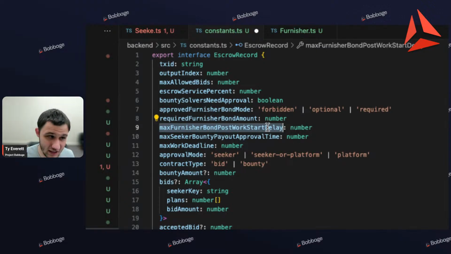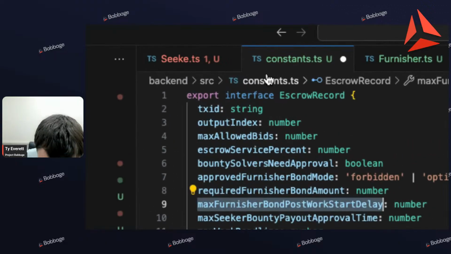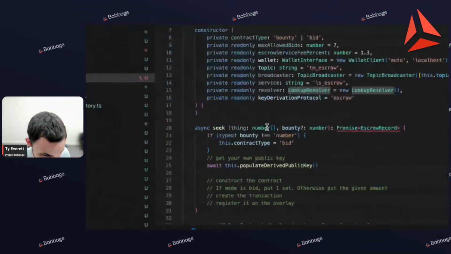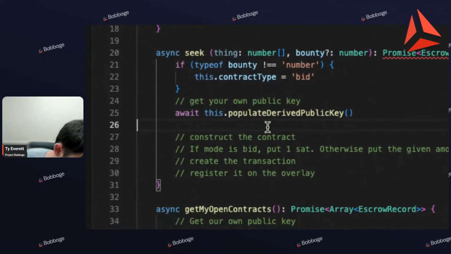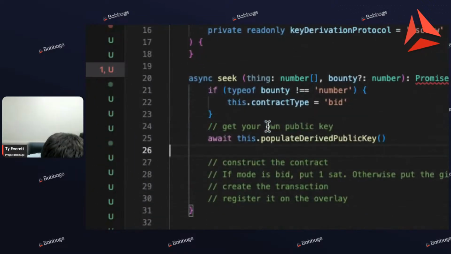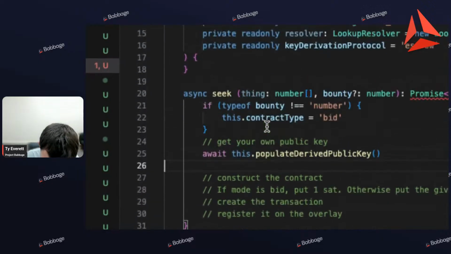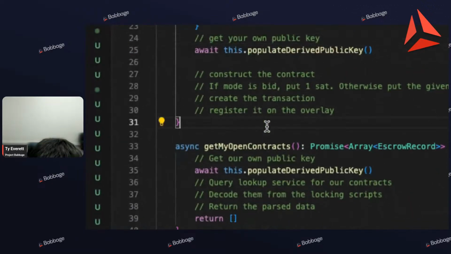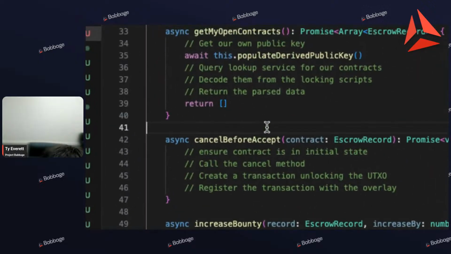So we can revisit our seeker code now that we have this, because we have some changes, right? If I want to seek work, obviously we know how to do this. We provide all the parameters. But if I want to get my contract, yep, that's fine.